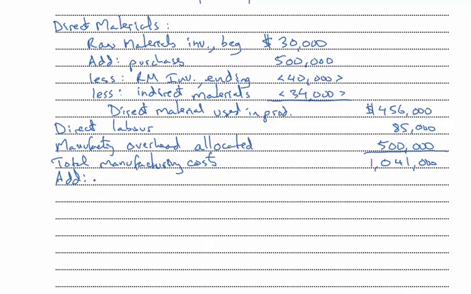Add beginning work in process inventory, $50,000, less ending work in process inventory, $80,000.